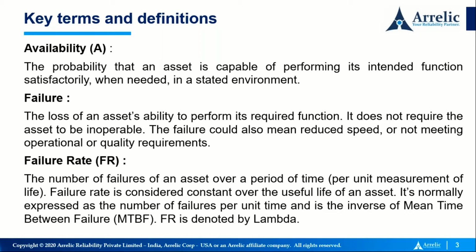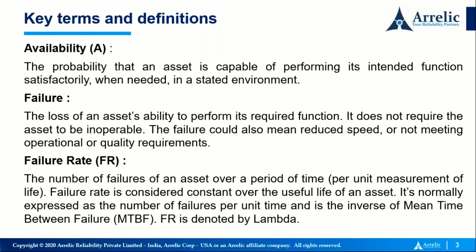Definition of failure is the loss of an asset's ability to perform its required function. It does not require the asset to be inoperable. The failure could also mean reduced speed or not meeting operational or quality requirements.